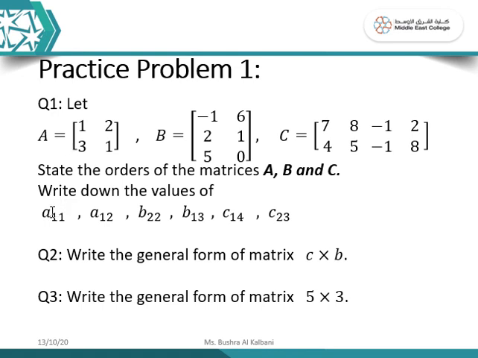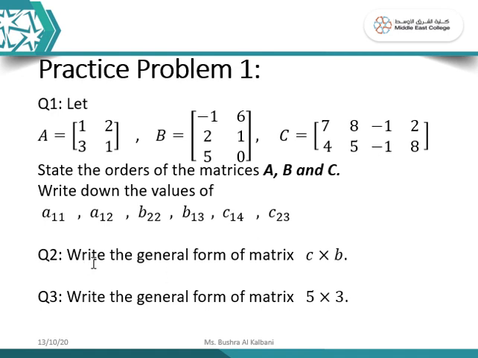Now I want a11. That is in the first row, first column, so it is equal to 1. Now I want b22. It is in the second row, second column, so it is equal to 2. c23: it is in the second row and third column, so it is -1.